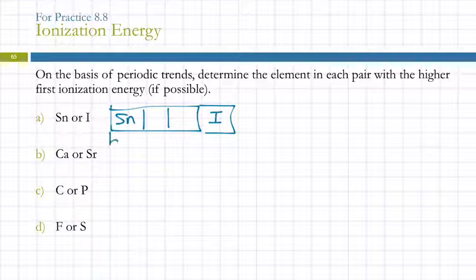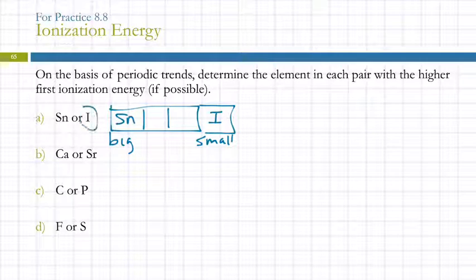That's the big one. This is the small one. Ionization energy is the energy expended to kidnap a child. Is it easier to kidnap a child from a big family or a small family? It's easier to kidnap a child from a big family, because sometimes they don't even remember how many kids they have in the first place. So we want higher first ionization energy. This would be low first ionization energy. This would be high.